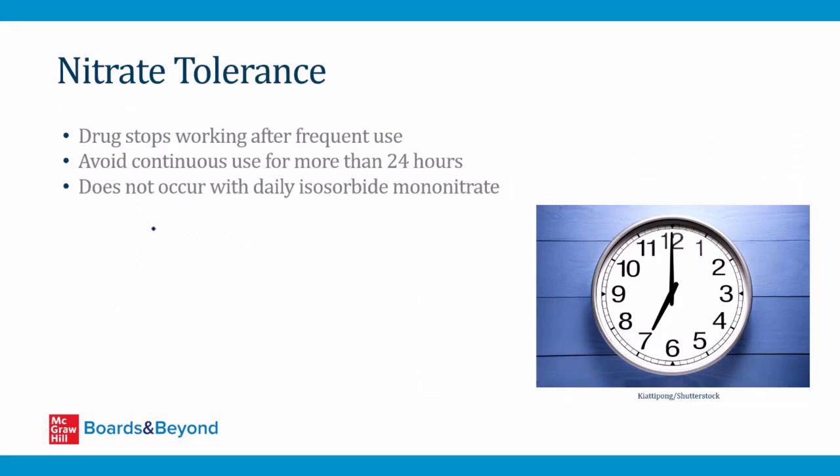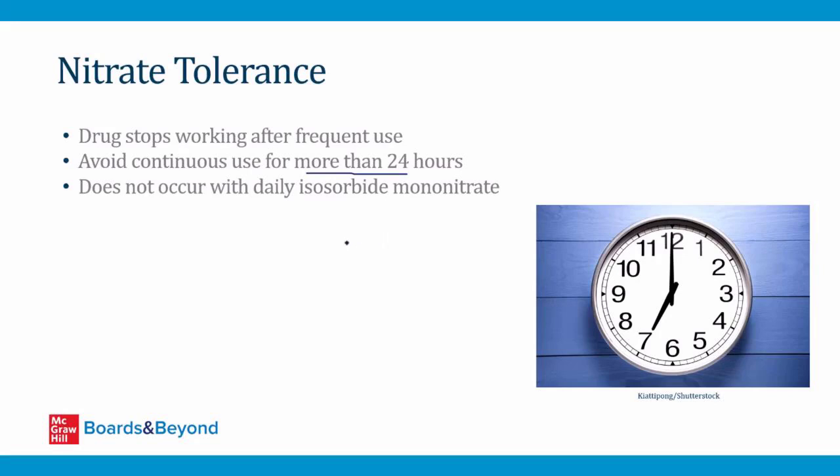If you take nitrates too often, they can stop working. The body develops tolerance. This is more of a historical thing. Before we had good treatments for stable angina, some patients used to take nitrates multiple times per day, and they would develop tolerance. To avoid this, the patients were advised to not use nitrates continuously for more than 24 hours.